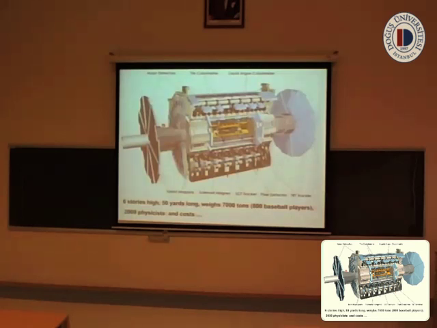Then we have a calorimeter. We have 2 different types of calorimeter. We have the electromagnetic calorimeter. What can we do with the electromagnetic calorimeter? Yes, electrons and photons, right? And how do we do it? Exactly, energy deposition.